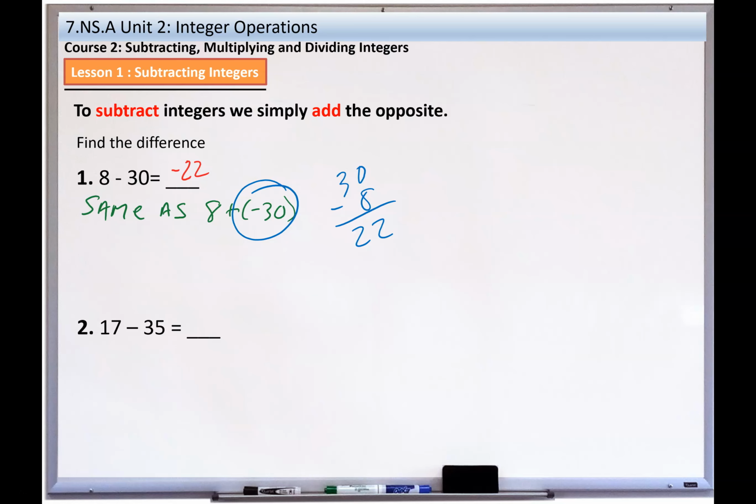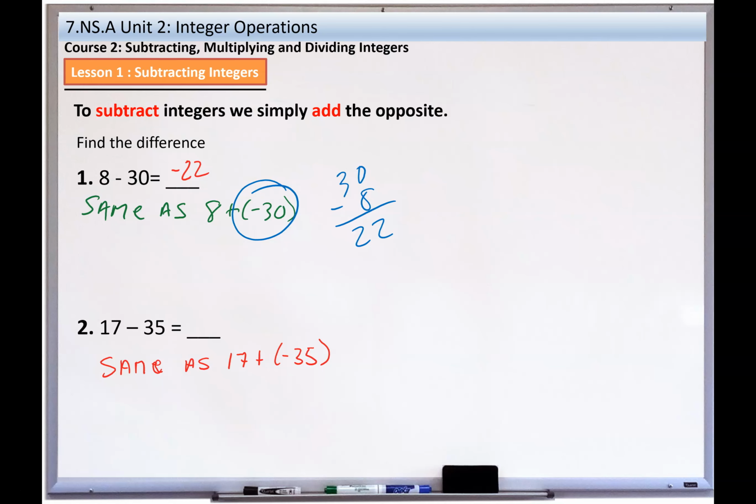Another similar example, 17 minus 35. Now by now you may see, well, I'm more negative, so my answer has to be negative. But some of you may not see that, so we're going to continue with the idea of adding the opposite. Tell me what your answer is. So we think of it as adding the opposite.